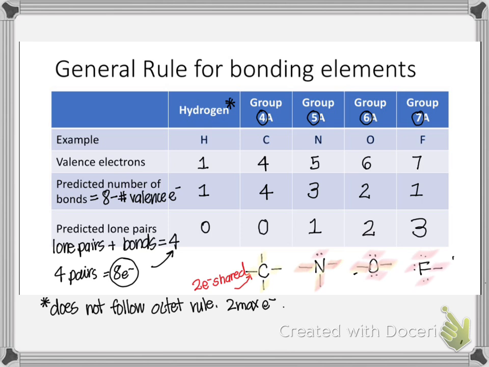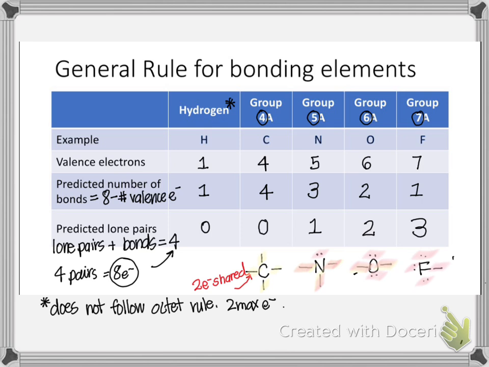That's our initial prediction. So on this slide, you do need to be able to, if I say, for example, how many bonds and lone pairs would you expect carbon to have? You need to be able to say that it would be expected that carbon would have 4 bonds and 0 lone pairs.